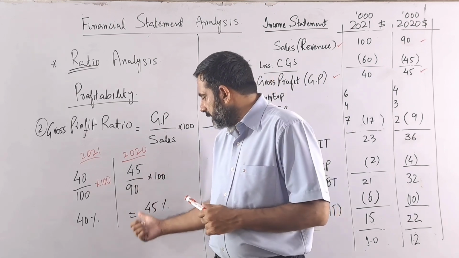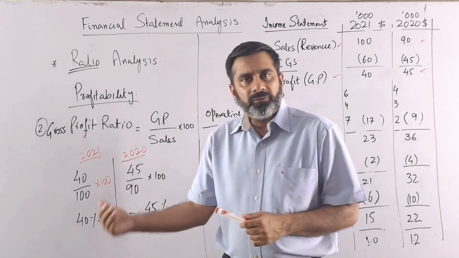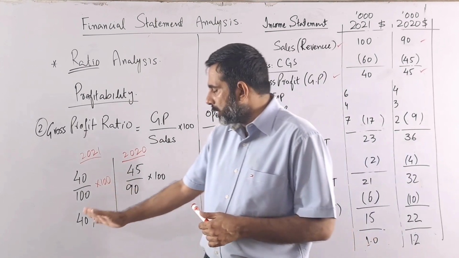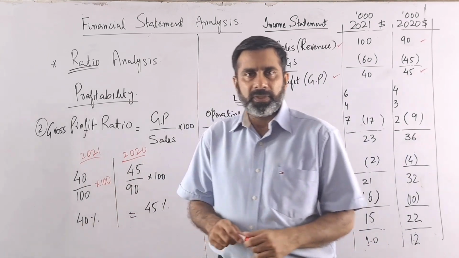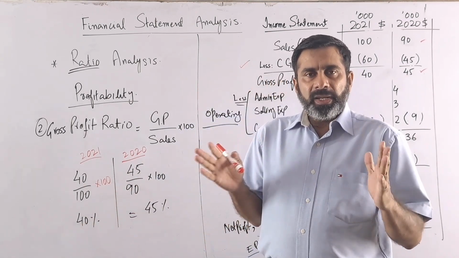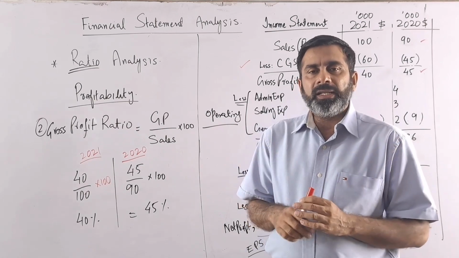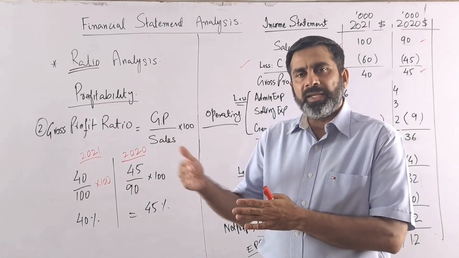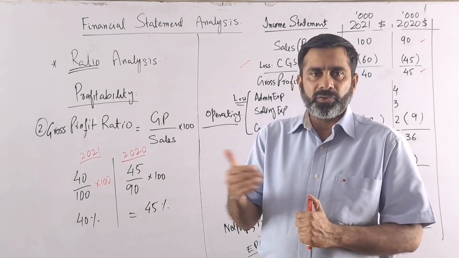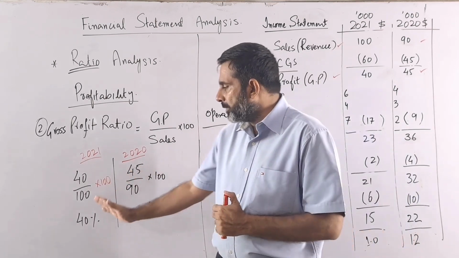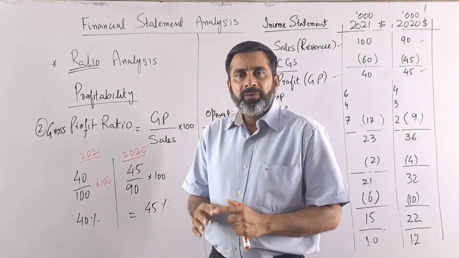Gross profit last year was 45%, but this year it is 40%. From here we can see that the profitability of the company, the net profit as we discussed in the previous lecture, is also reduced, and the gross profit of the company is also reduced.